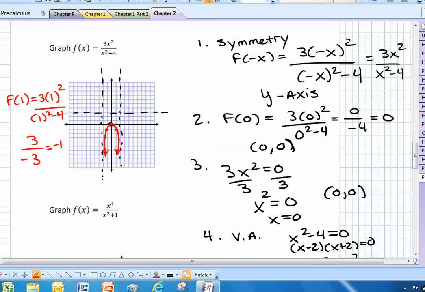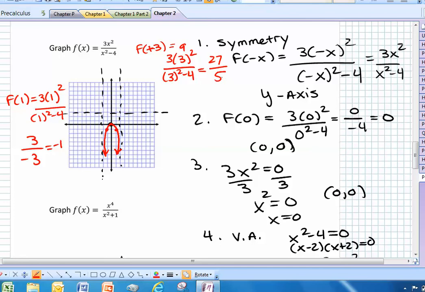Now notice, to the right, I'll put in a point. I'll put negative 3 in. Or sorry, positive 3. So 3 squared times 3, and then 3 squared minus 4. 3 squared is 9, times 3 is 27. 3 squared is 9, minus 4 is 5.